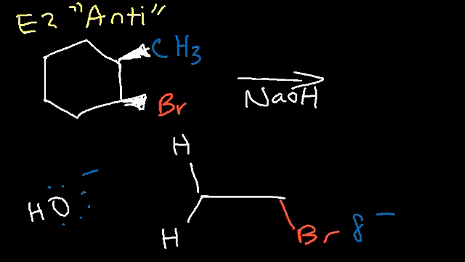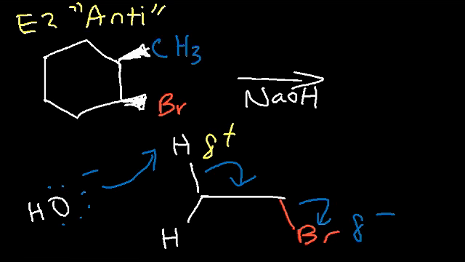So the two are repelled by each other. So hydroxide, when it goes for the partially positive hydrogen atom, it wants to be as far apart as possible from the bromine atom. Therefore, to minimize electron repulsion, it's going to go for the hydrogen that's anti or opposite to the bromine atom.